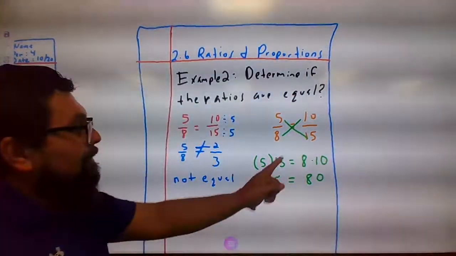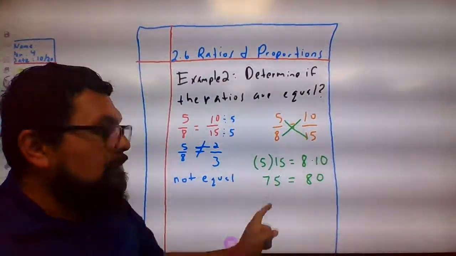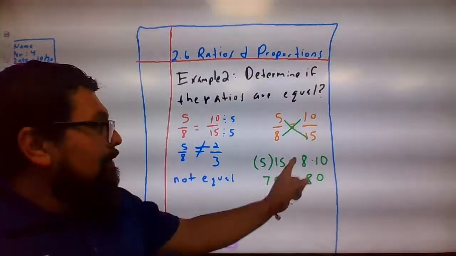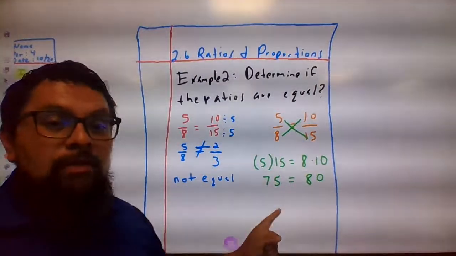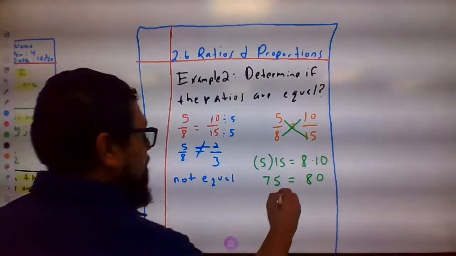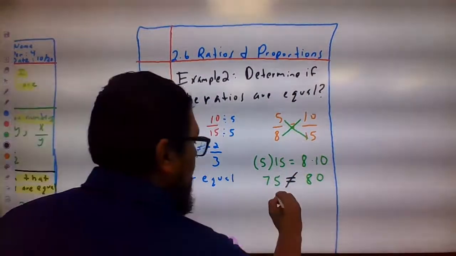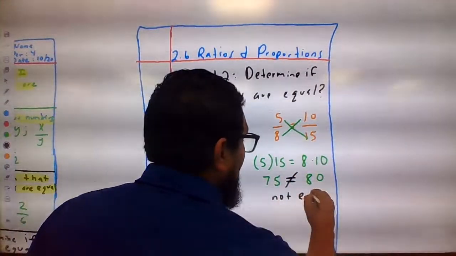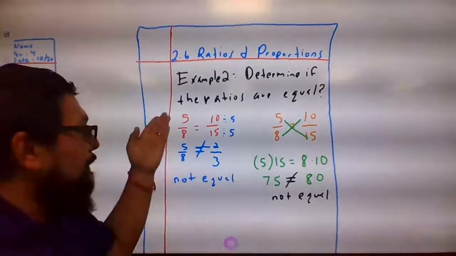So it looks like this ratio right here is bigger than this ratio. Okay? We're not comparing if they're greater than or equal to. We're comparing to see if they are equal. In this case, they are not equal. And as you can see, this is more powerful than this one.